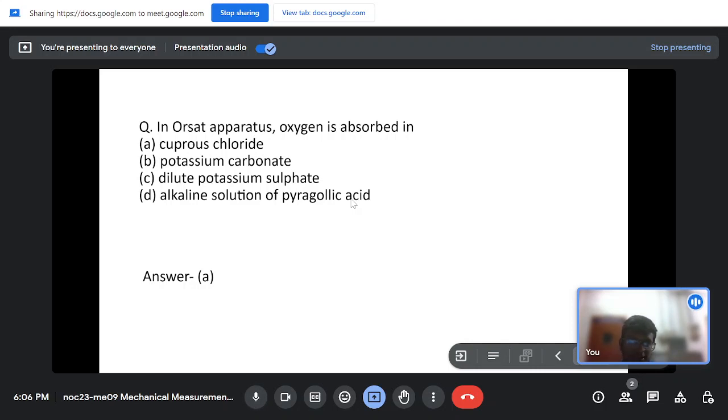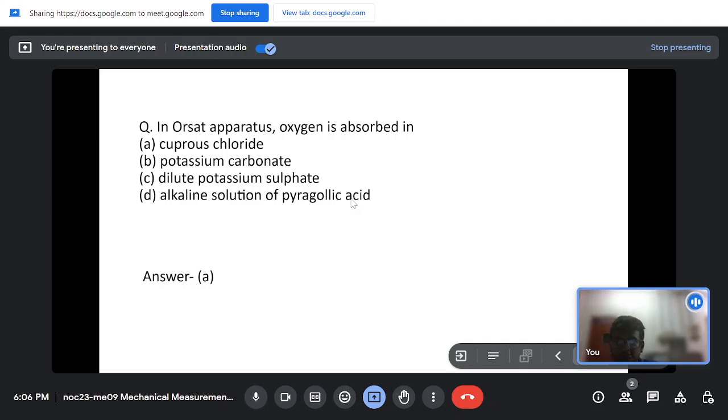In the ORSAT apparatus, if you remember, we have three setups to absorb individual gas components: potassium hydroxide, then an alkaline solution of pyrogallic acid, and then cuprous chloride. Before that there is also a filtration system. Each absorbs one component of the flue gas. So they are asking which solution absorbs oxygen.